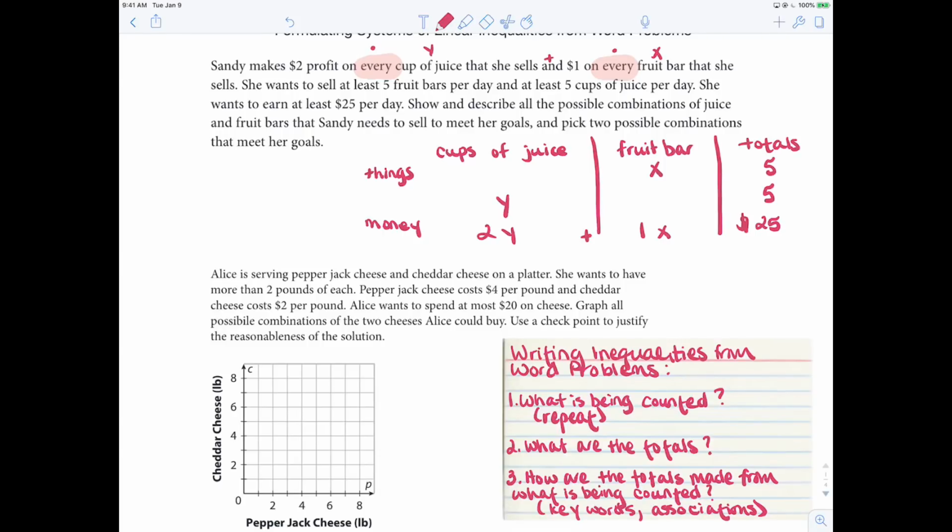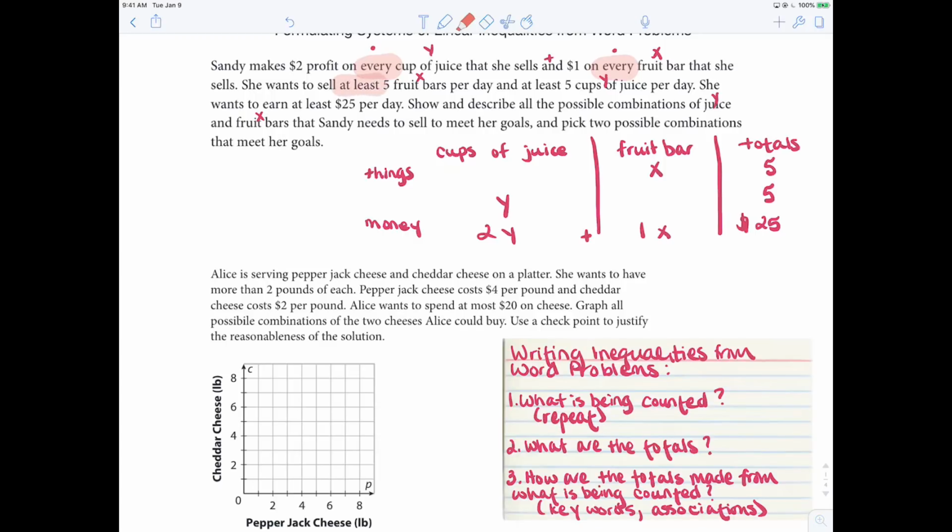I can give this x, and then everywhere I see fruit bars, I can write x, and everywhere I see cups of juice, I can write y.